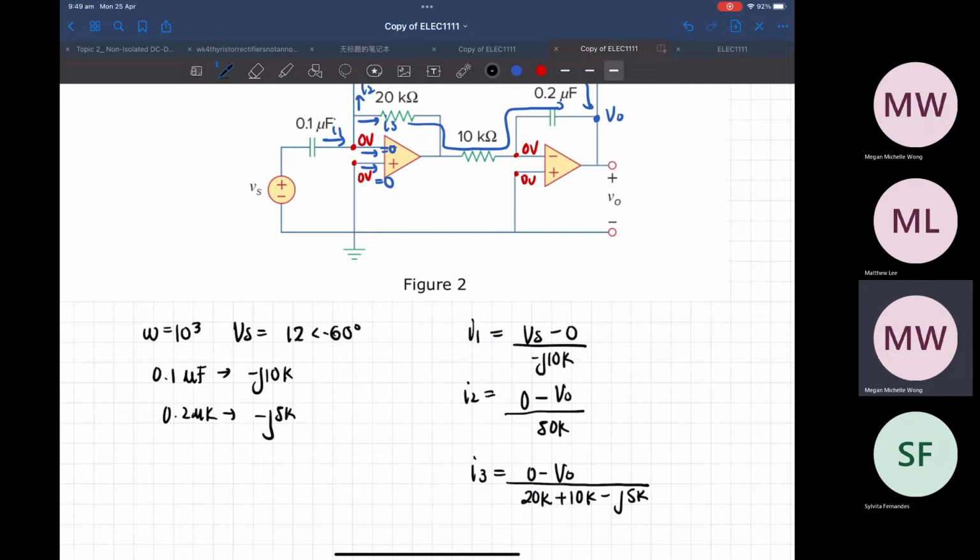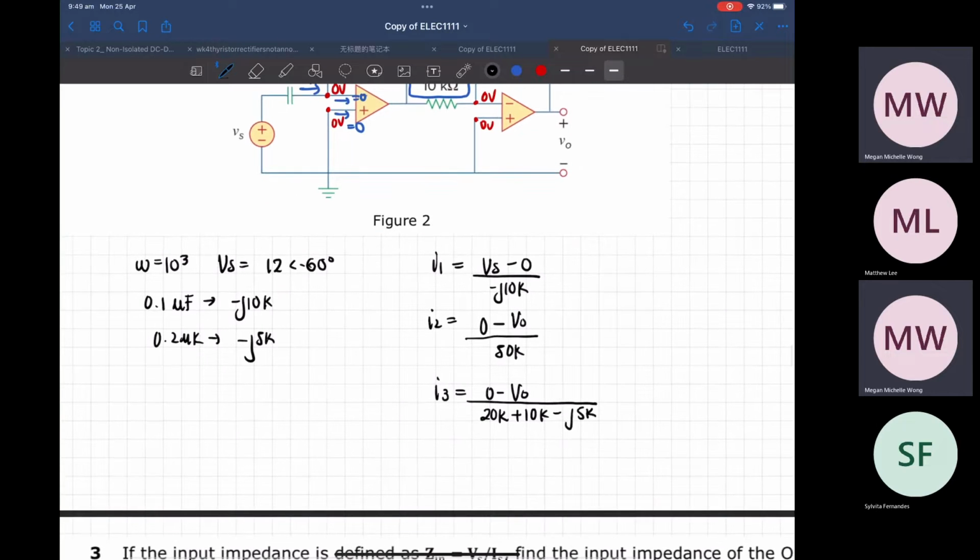Okay, and then you have 3 equations and 3 unknowns. You can just solve I1 from these, then get V out with those 2 equations. So you just need 3 simple equations, and then you get it.